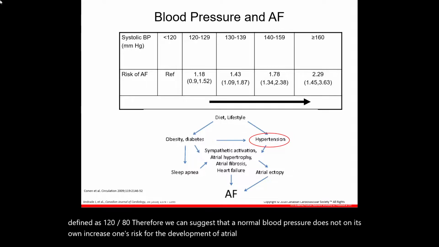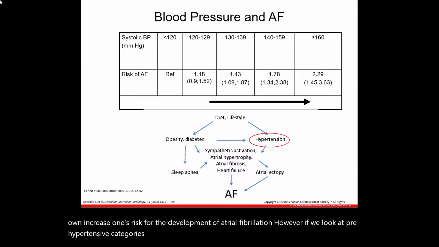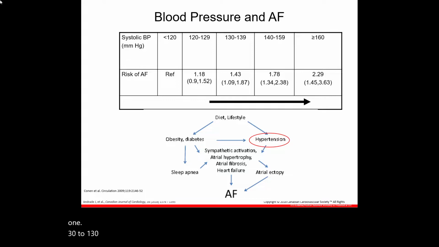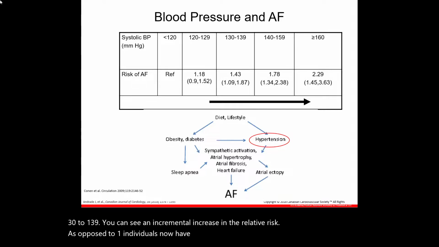However, if we look at the pre-hypertensive categories where an individual has a systolic blood pressure of 120 to 129 or 130 to 139, you can see an incremental increase in the relative risk. As opposed to 1, individuals now have a relative risk of 1.18 or 1.43.